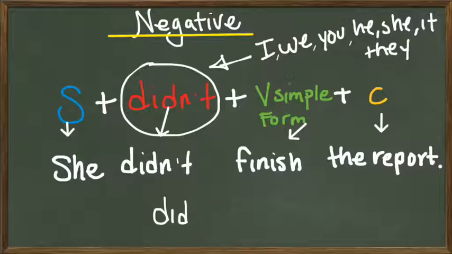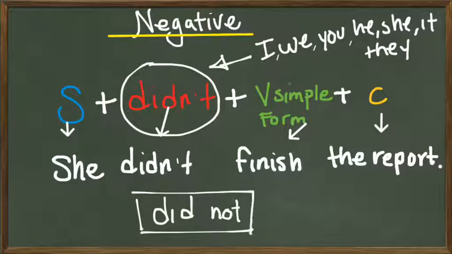They did not. But normally when we speak, we're going to use didn't. And then we have our verb in simple form, meaning that we will not use any of the ed forms, not at all.